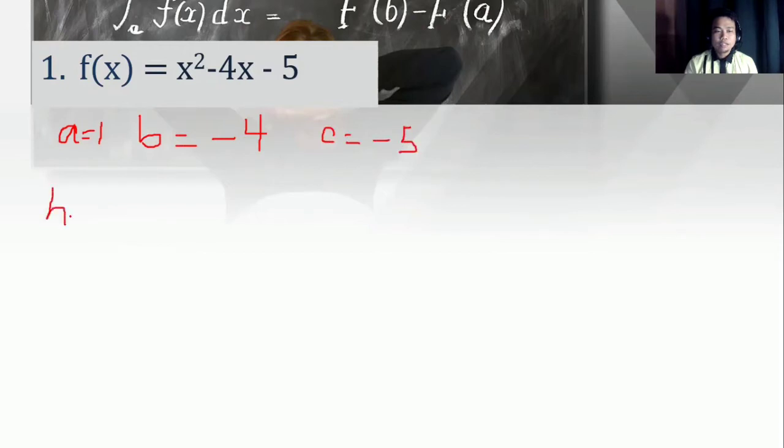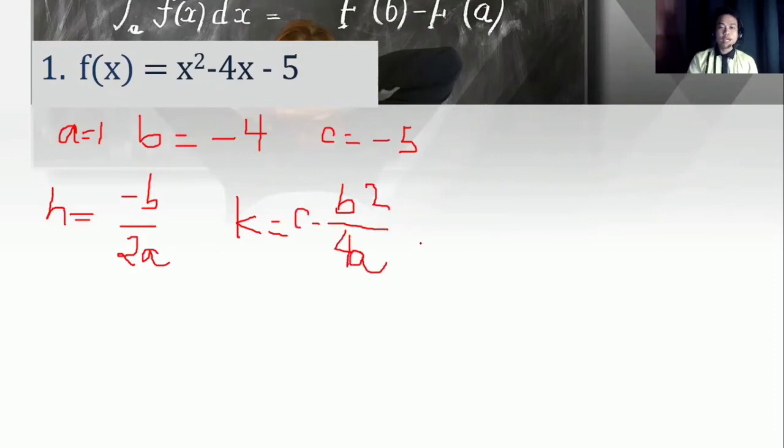Then, the formula for h, we have negative b all over 2a. The formula for k, we have c minus b squared all over 4a.